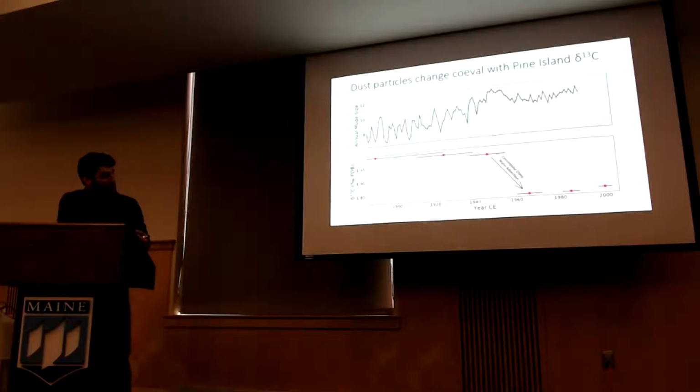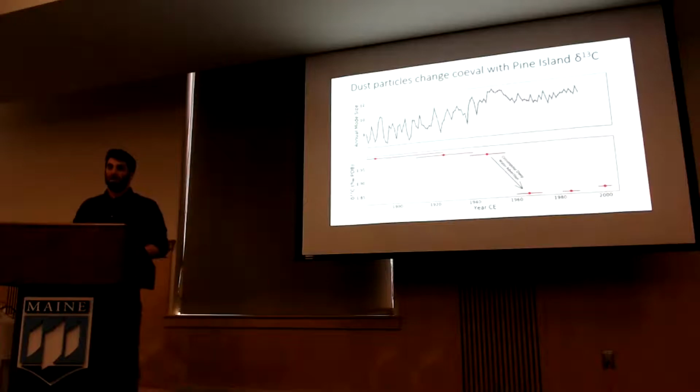This data is from Hillenbrand et al. They studied recent upwelling events just off of Pine Island Bay, off of Western Antarctica. What they noticed is that during about the 1940s to about the 1970s, there was a shift in the delta 13C values towards lighter values, which they interpreted as increased circumpolar deep water advection.